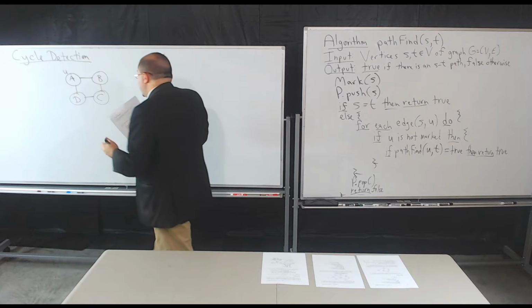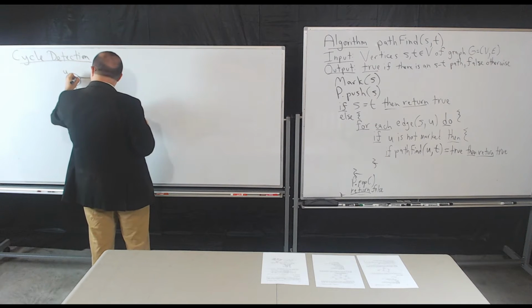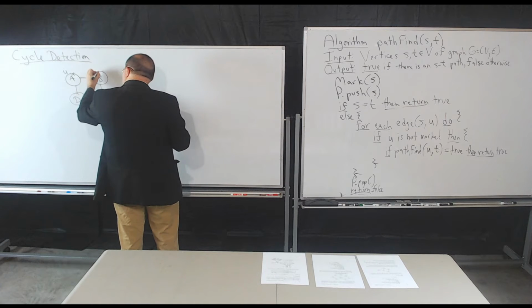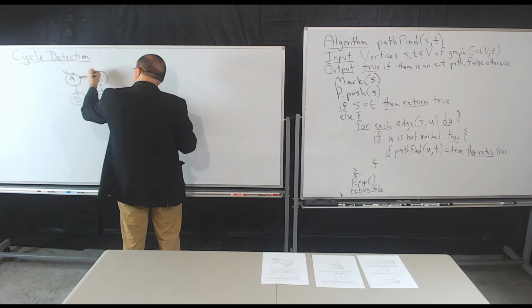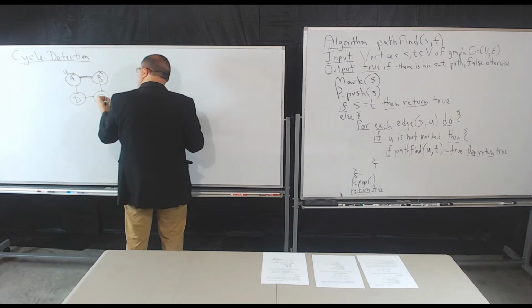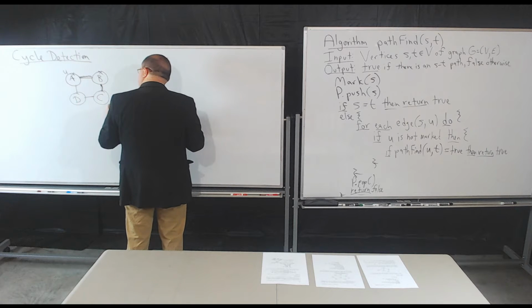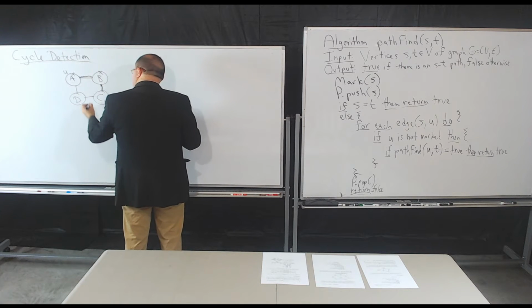Well, I mark this, then I consider my incident edges. I then find one here. I label this as a discovery edge. And then I go to B. What do? I consider my incident edges. I find one right here. I label it as a discovery edge. Then I mark C. Then I get a discovery edge.